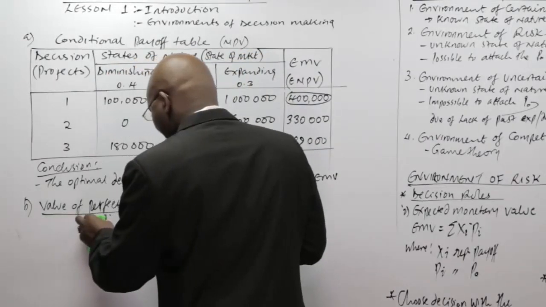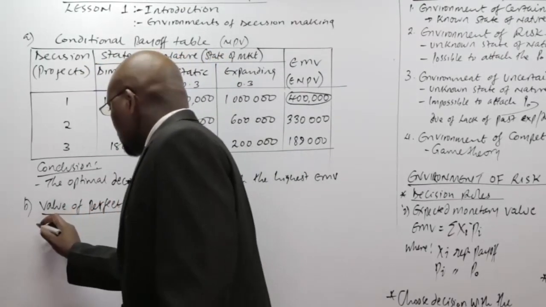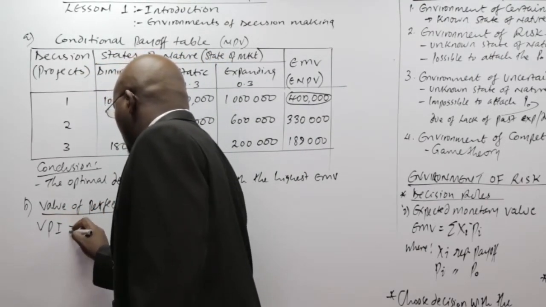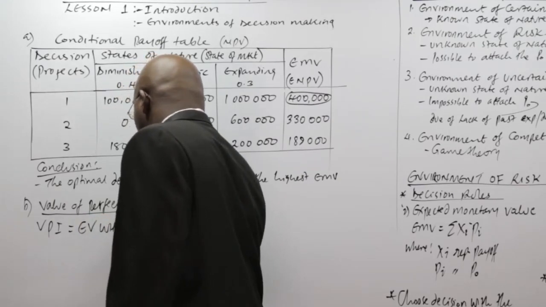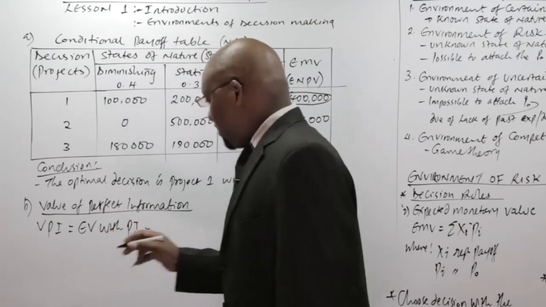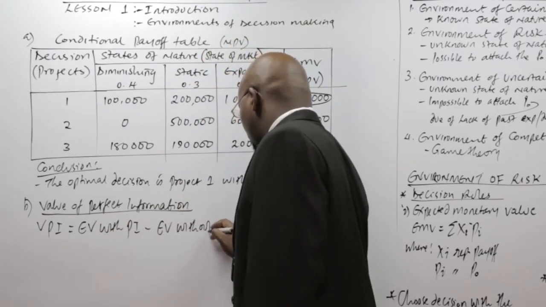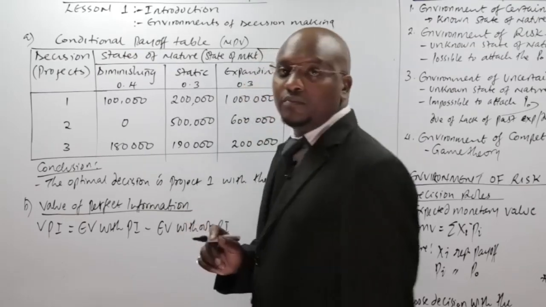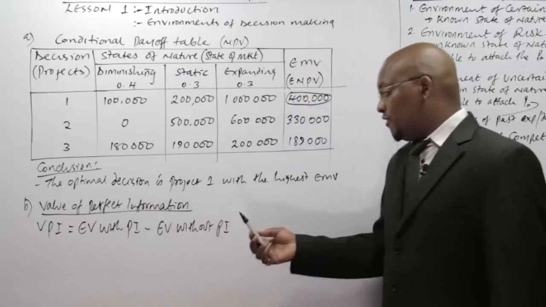We take the expected value, so VPI, we take the expected value with perfect information minus expected value without perfect information. So we take the value with perfect and the value without perfect information.